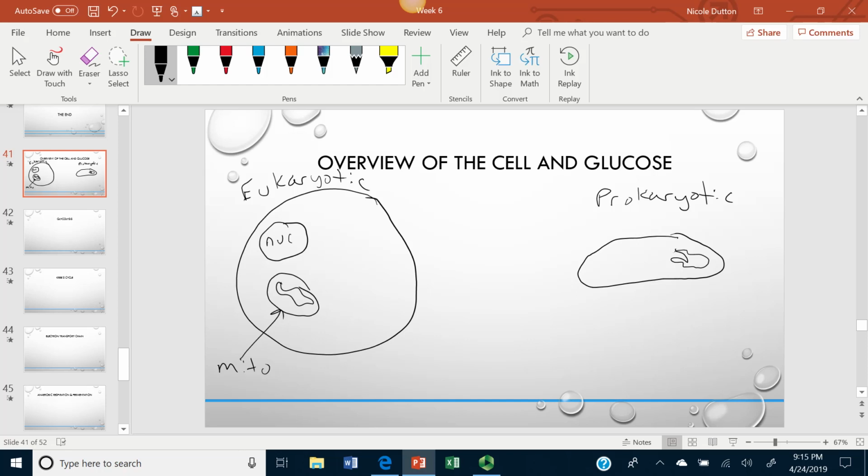Then you have glucose. So glucose looks something like this.